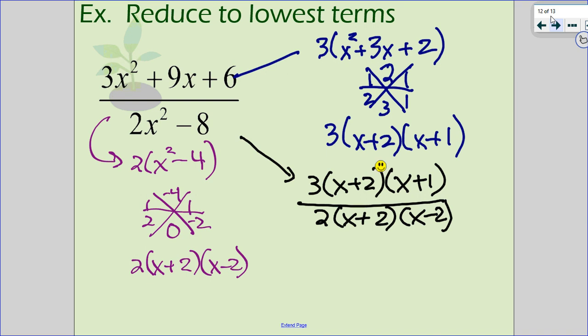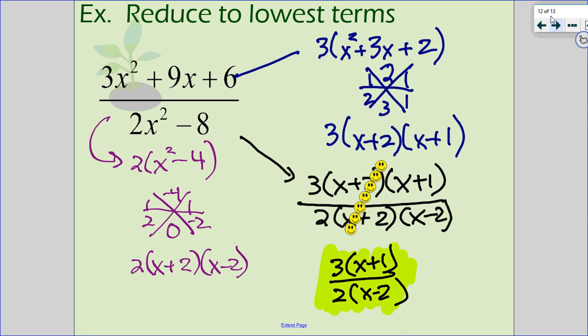And then it's the rest of it too. So your answer is 3 times x plus 1 over 2 times x minus 2. So that, if you plugged a number into the original problem, you get the same thing as if you plugged a number into the reduced. Same thing. Questions?